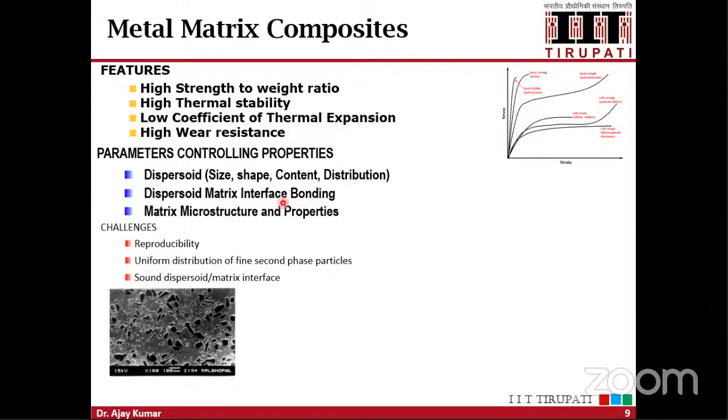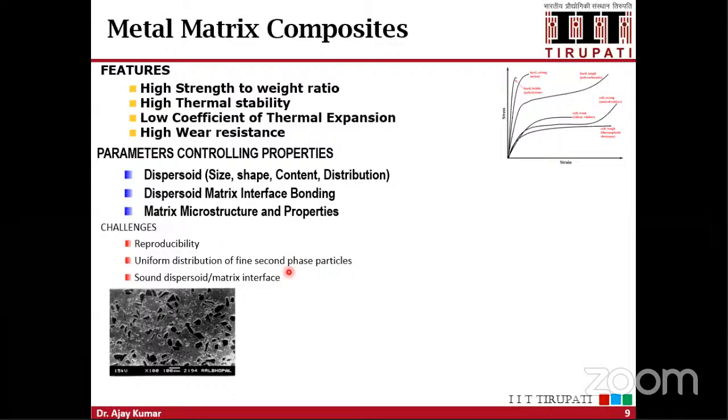These all factors will affect the performance of the composite materials. And then we have the interface between the matrix and the reinforcement, and we have to design the microstructure and then find out the properties. But the challenge is reproducibility, uniform distribution of fine second phase particles, and a sound interface. Okay, this is the main challenge.